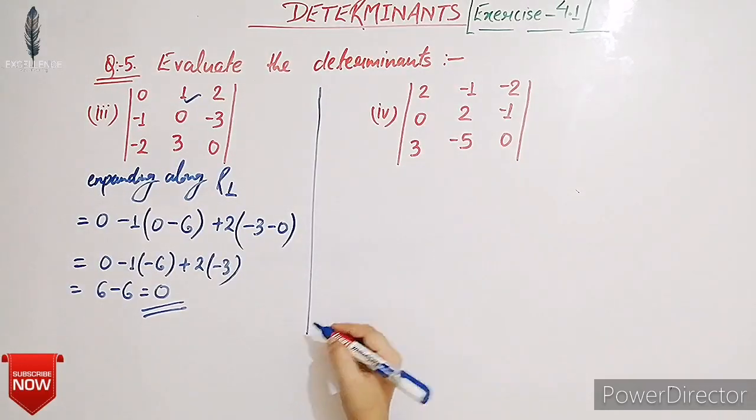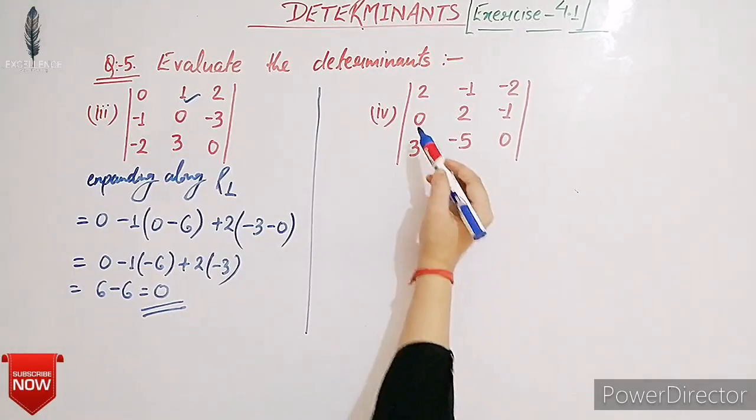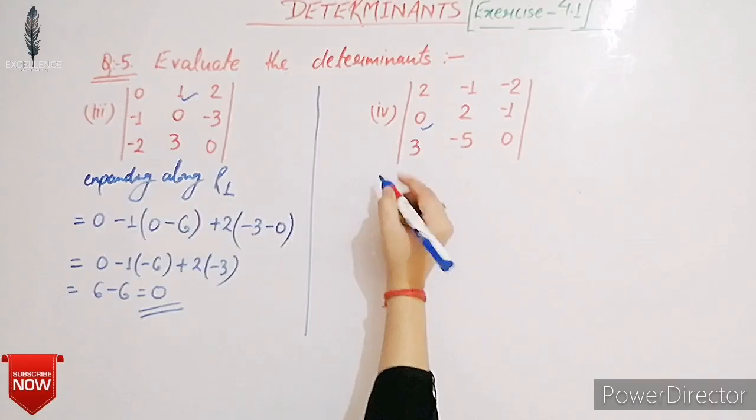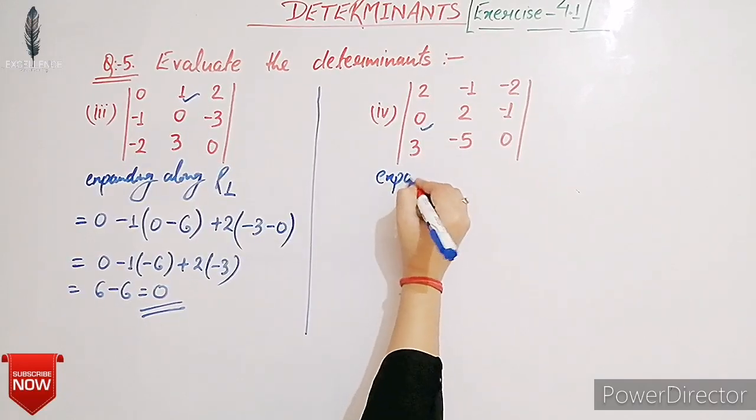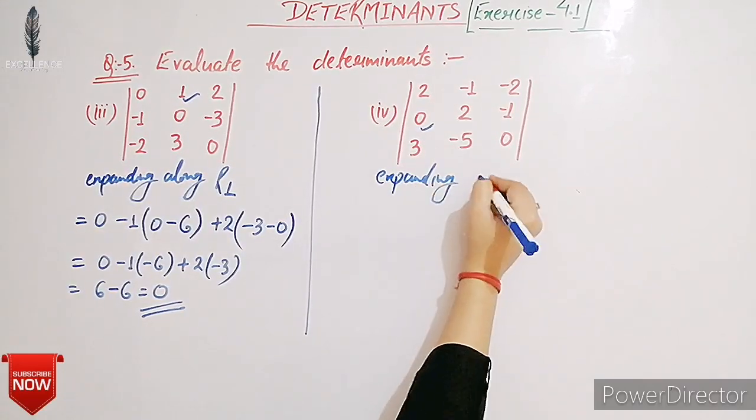Next, fourth part of this question. Here we expand along C1 because it contains 1 0.